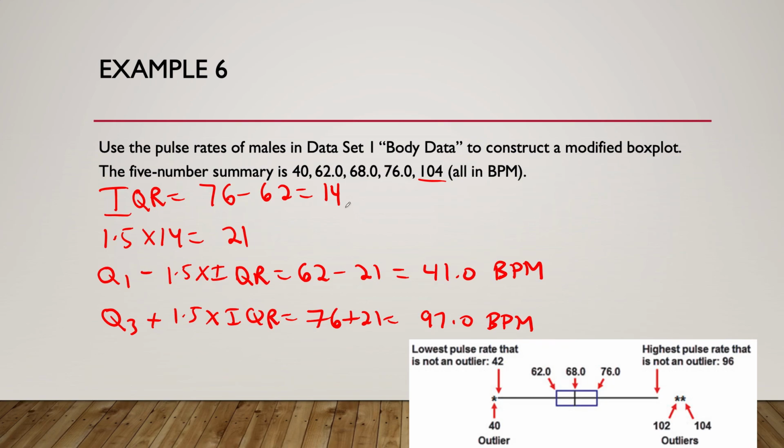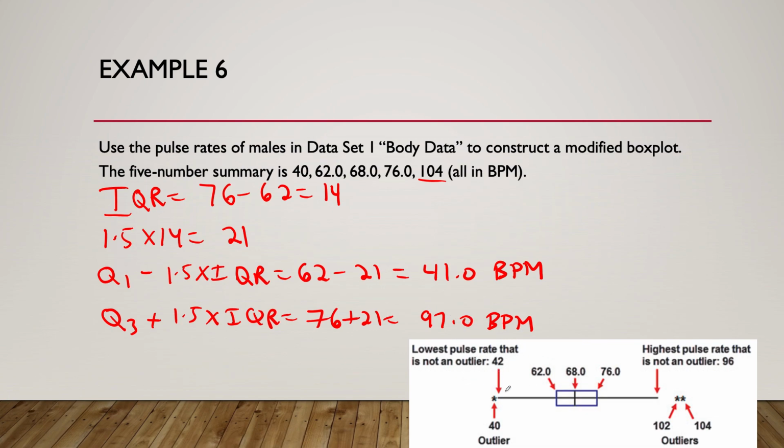That gives us a value of 14. 1.5 times 14 is 21. So for the lower fence, we're taking Q sub 1, so 62 minus 21. That gives us 41.0 beats per minute. And Q sub 3 plus 1.5 times the interquartile range is 76 plus 21, so 97.0 beats per minute.